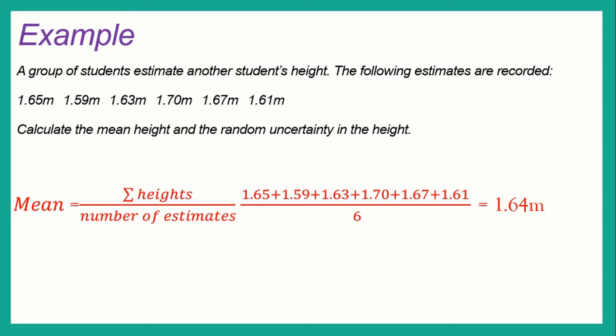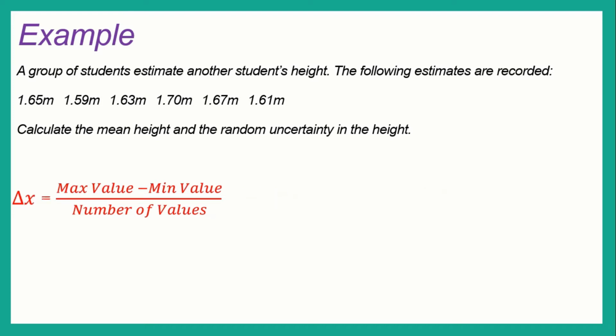As mentioned earlier, because all the heights are different, this means we have a random uncertainty. If all the estimates were the same, the random uncertainty would be 0. To calculate the random uncertainty, we take our maximum value, subtract our minimum value, and divide by the number of values we took. You can see that the maximum value is 1.70 metres, and the minimum value is 1.59 metres.